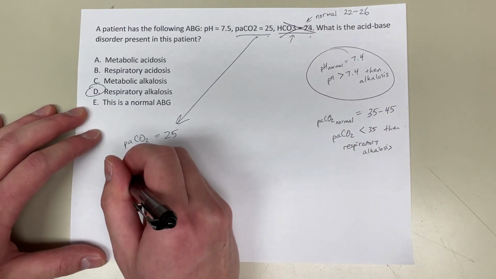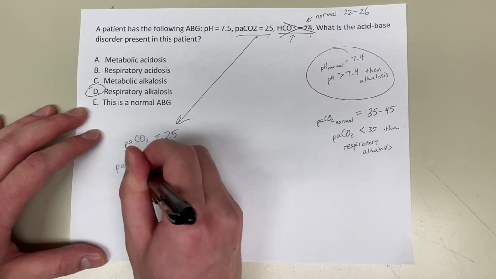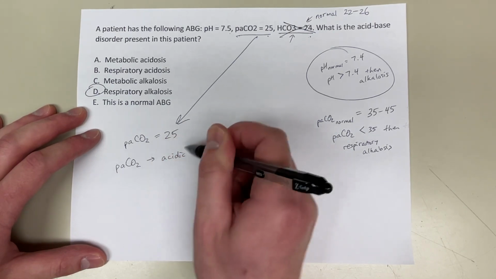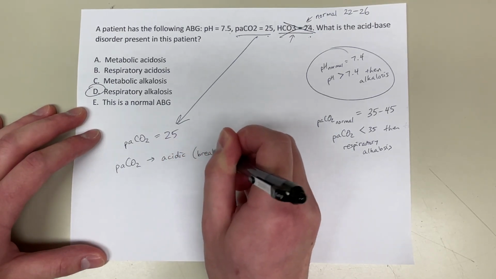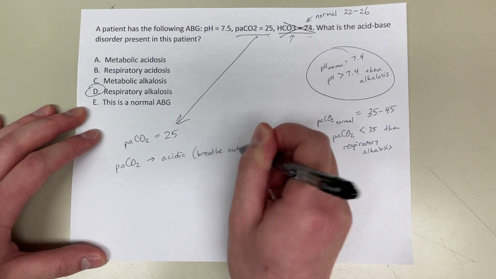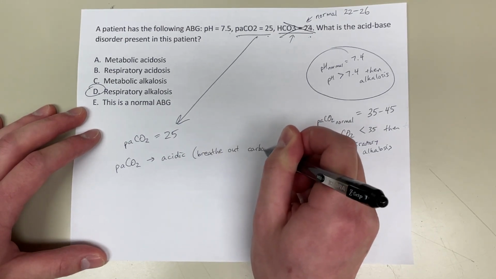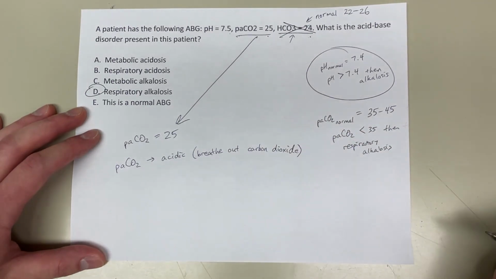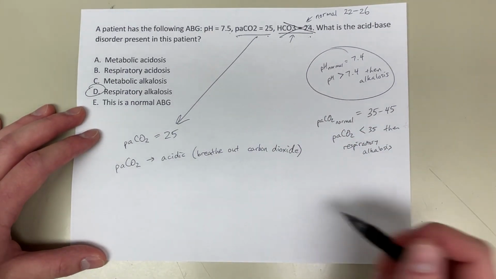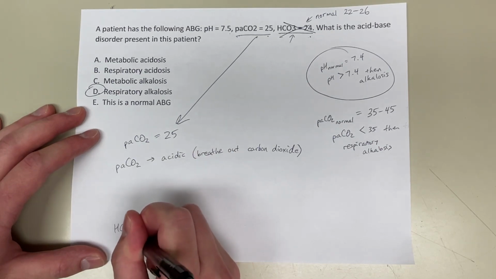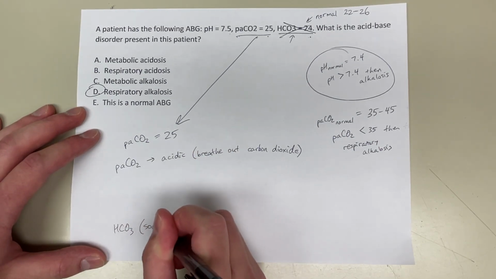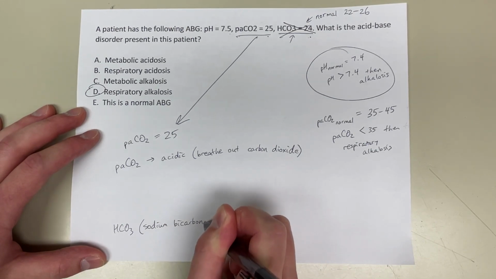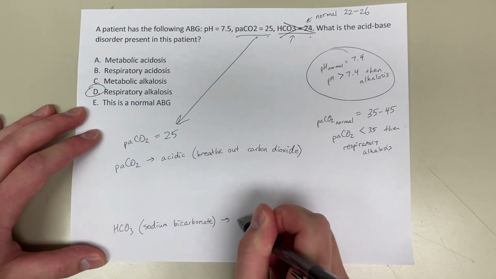So whenever I see carbon dioxide, I think acidic, because you breathe out carbon dioxide. Well, this is your body compensating, that's why. That's how I remember it's always acidic. Whereas HCO3, or sodium bicarbonate, is alkalosis.